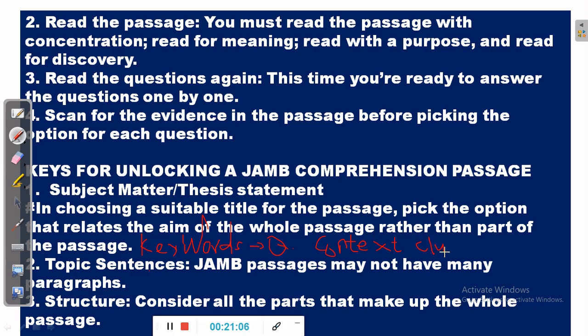So now these keywords will serve as context clues.